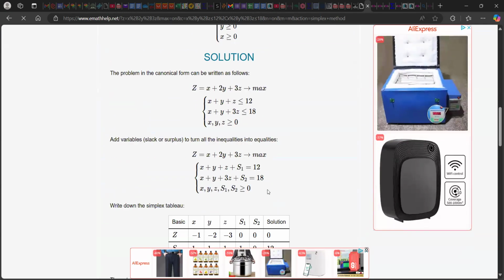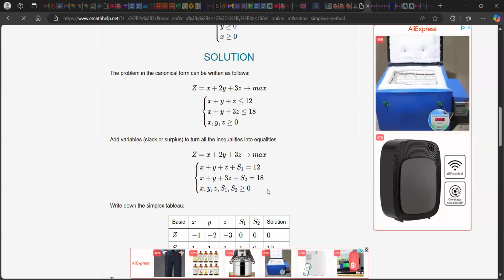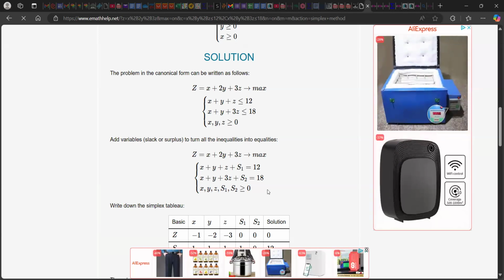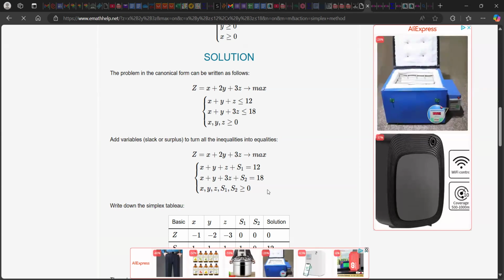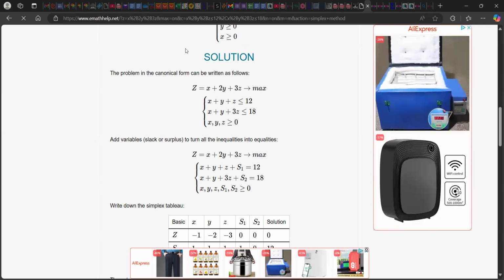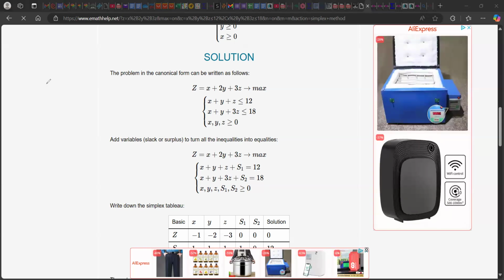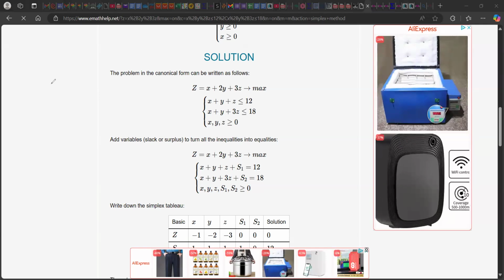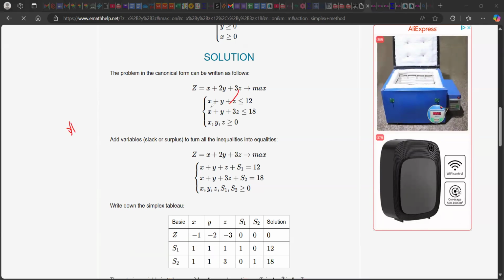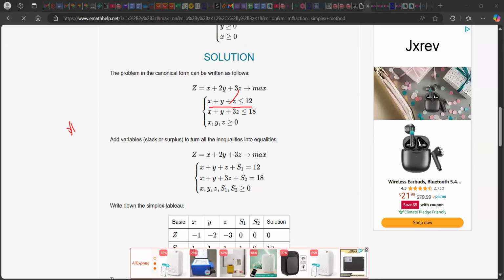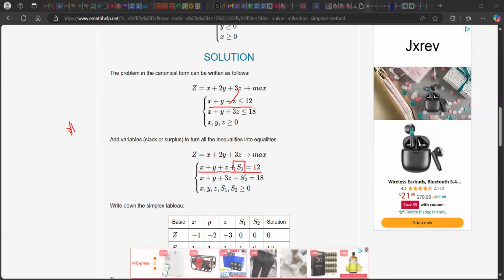Good. So what the calculator will do, it will introduce what we call slack variables. Let me go back. Let me annotate the diagram. You will see x plus y plus z is less than or equal to 12. Now we want to change that into an equation because matrices don't deal with inequalities, they deal with equations. So we throw in what we call a slack variable.